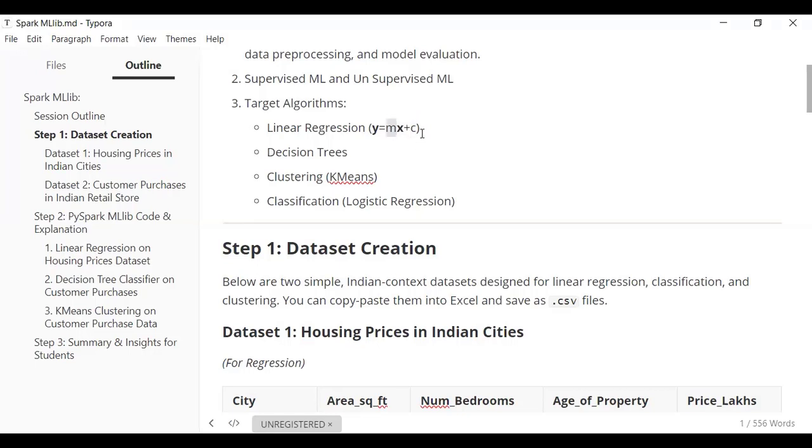In general statistical terminology, we say m and c are coefficients. Those come from the algorithm, based on the data that we have, and they change accordingly.